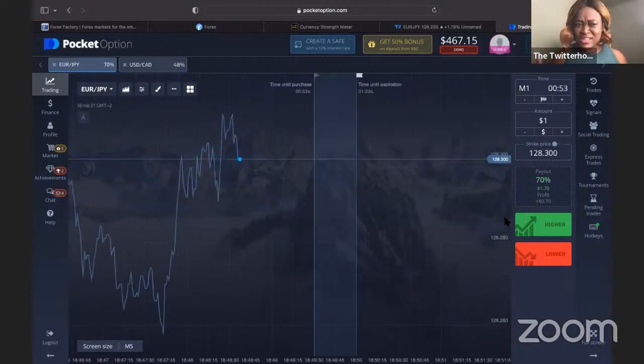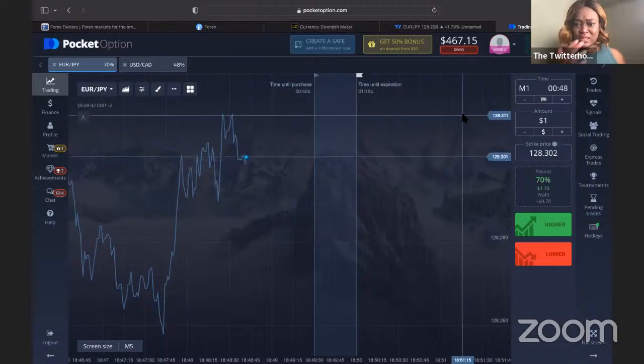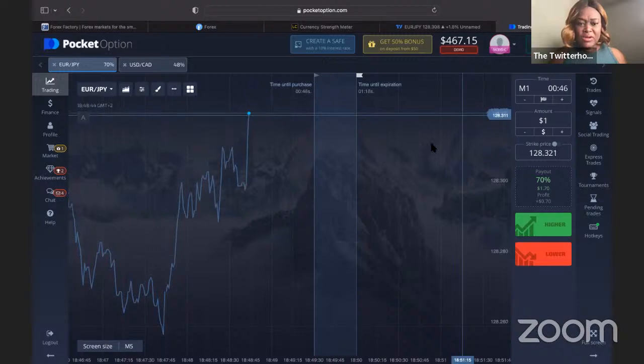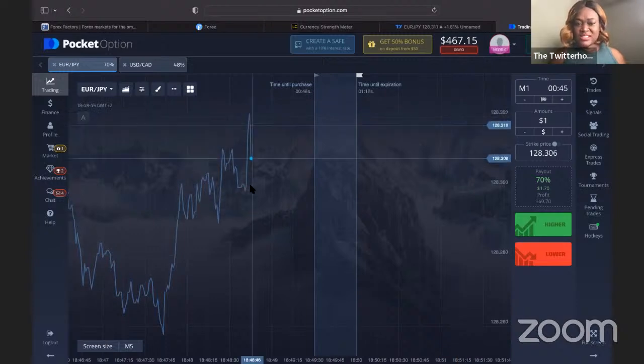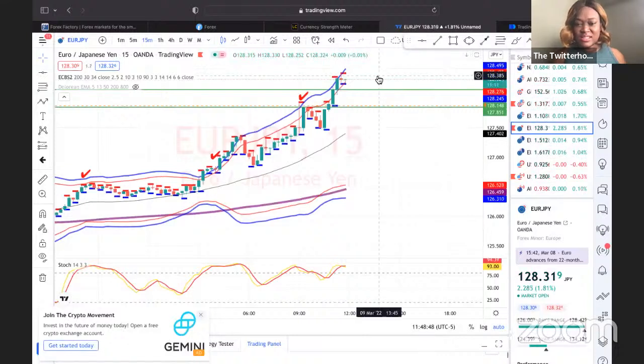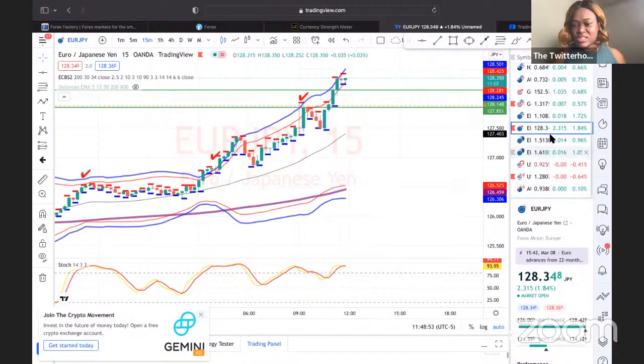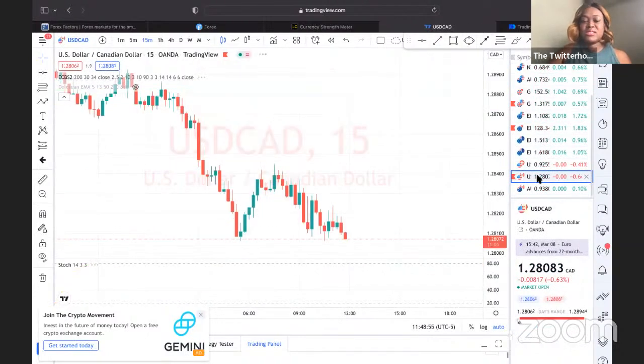Doesn't that sound exciting? Right? So in a matter of minutes, you can make profits. But yeah, this is Euro JPY. So we're just gonna leave that. We're looking at USD CAD.